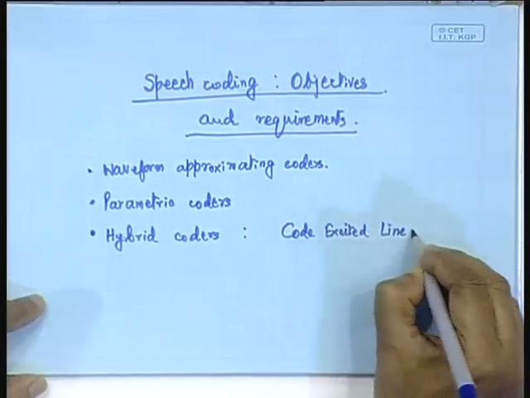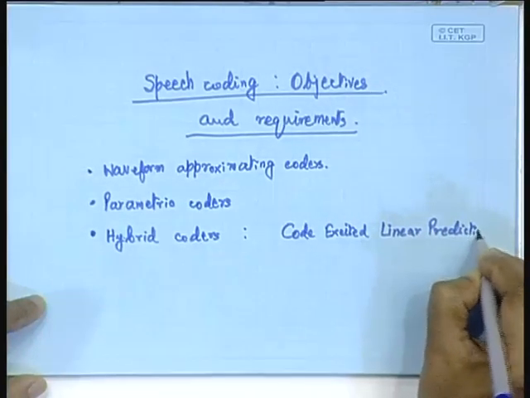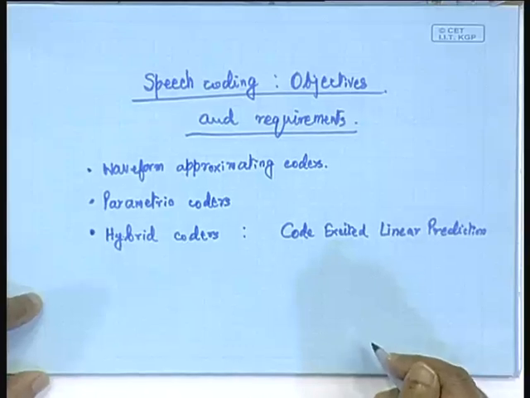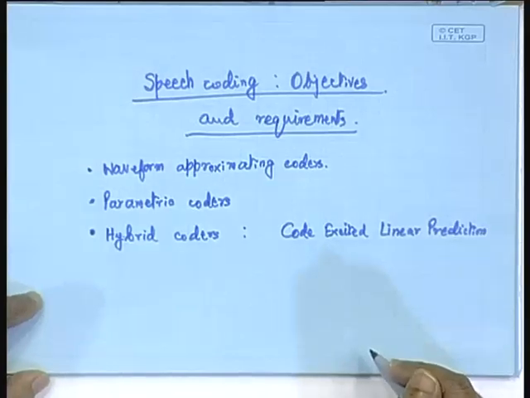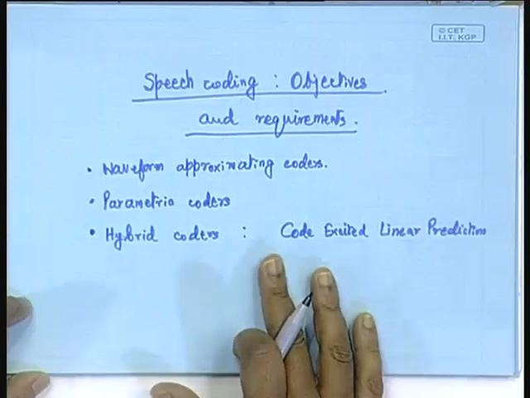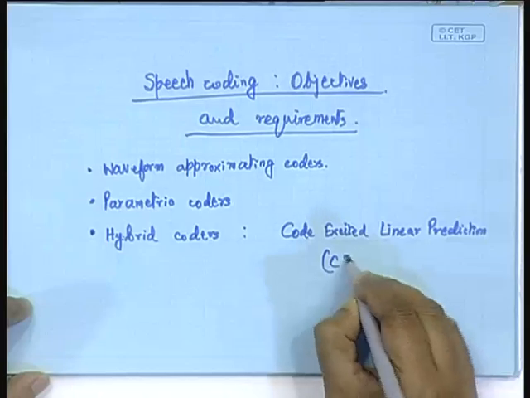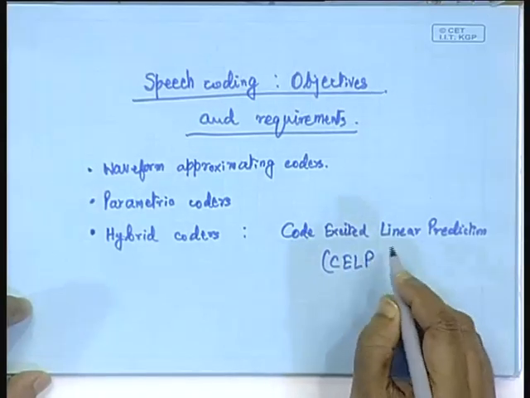Linear prediction is required for the parameters, because as I told you in my earlier lecture, the vocal tract is modeled as a linear filter. So you need some linear parameters based on linear prediction. So linear predictive coefficients are to be encoded, and then this is code excited, and in short form this is referred to as CELP or SELP.